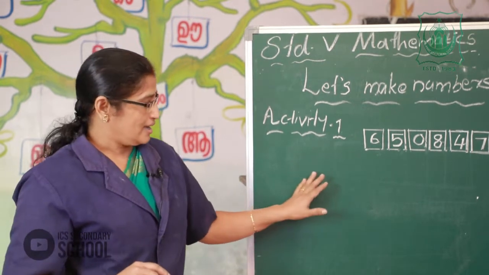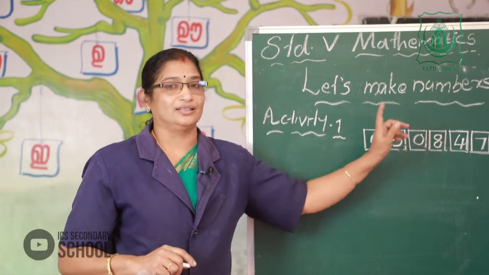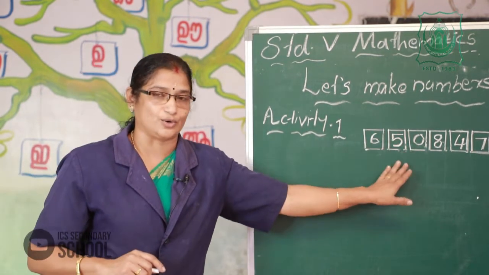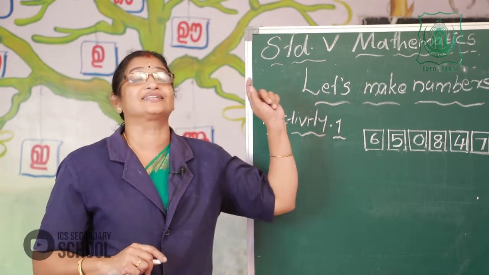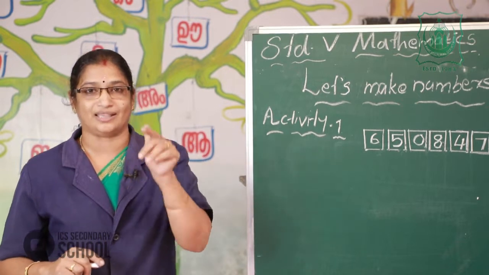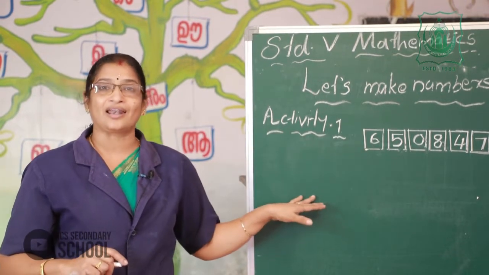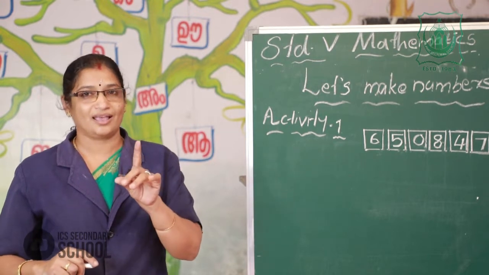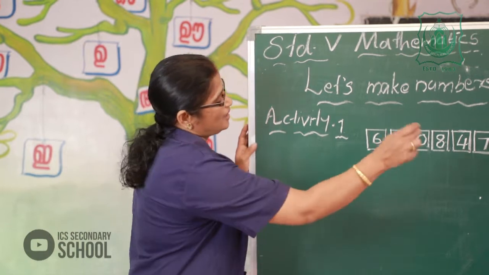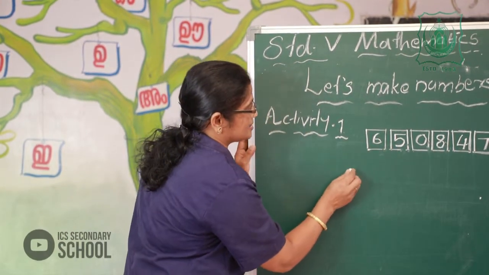How can we write this number? I can make the largest number. The first digit should be the largest, the second digit the largest of the remaining, the third digit the largest of the remaining in this order, and the last digit the smallest. Let's try. The first digit should be the largest.